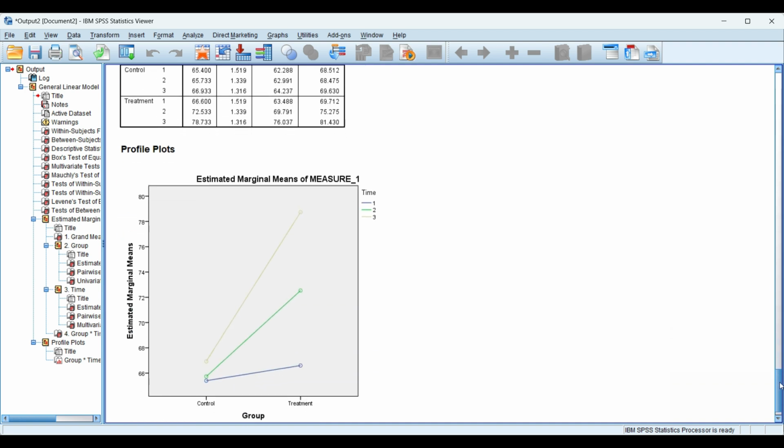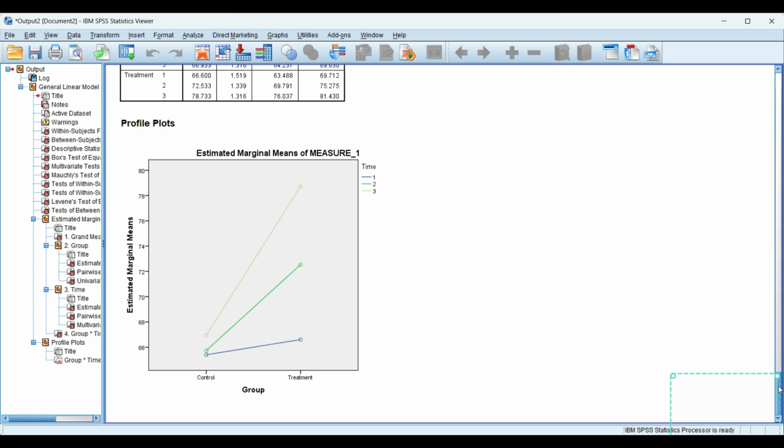Okay, now we interpret the profile plots. The profile plot shows the estimated marginal means for the control and treatment groups across the three measurement occasions: pre-test, week 2 and week 4. You can see at the pre-test, time 1, this is the time 1 mean.